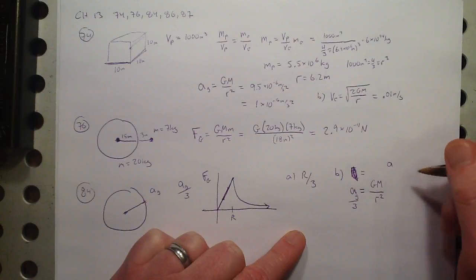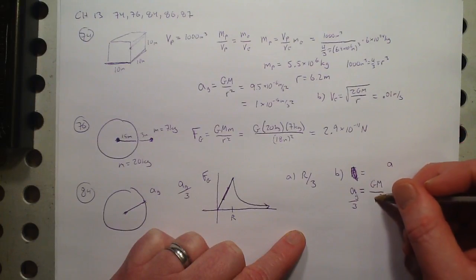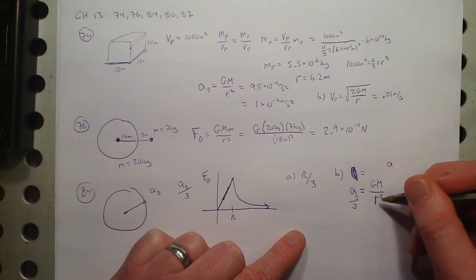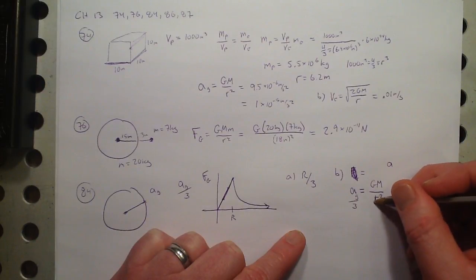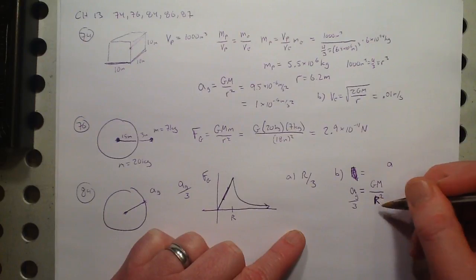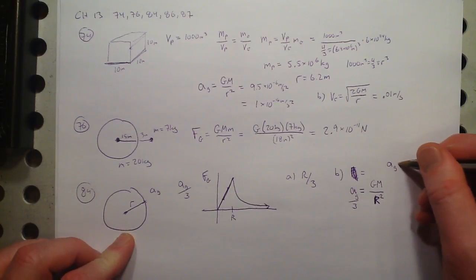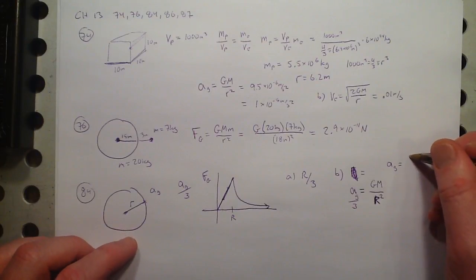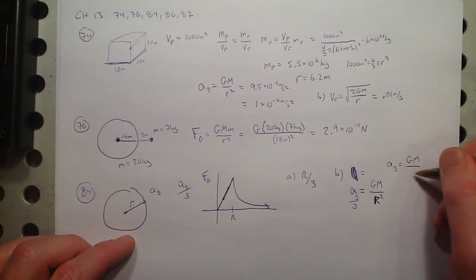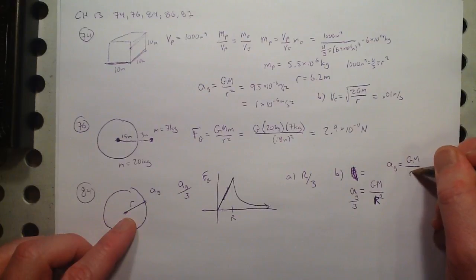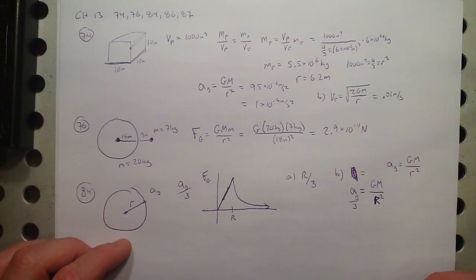So we're trying to solve for this r here. Maybe I'll make this a capital R so I don't get it confused with this r here. I know that at the surface of the planet, it's ag, so that's GM over that R squared. Right?